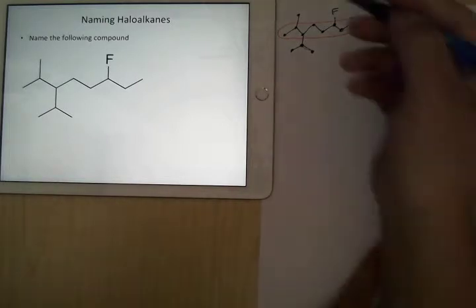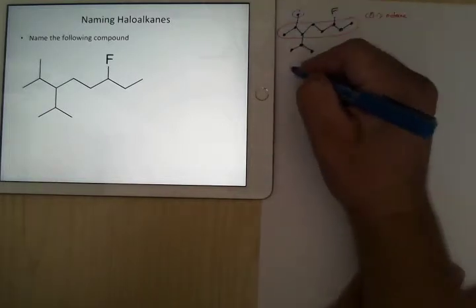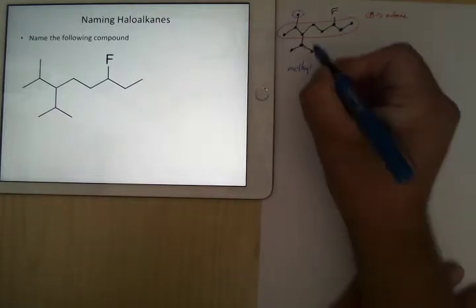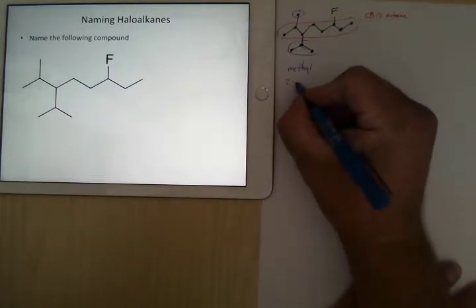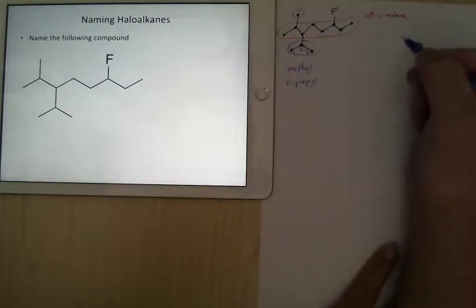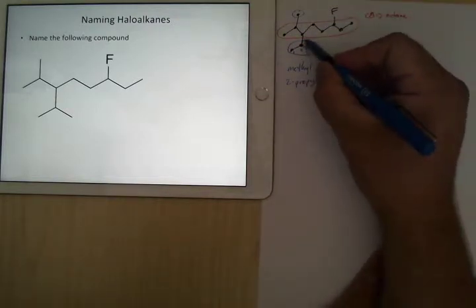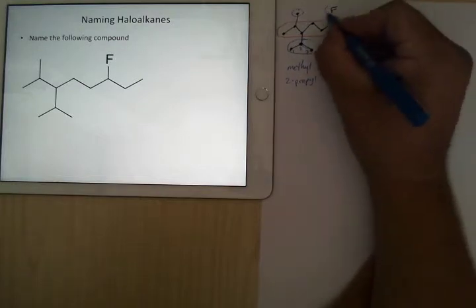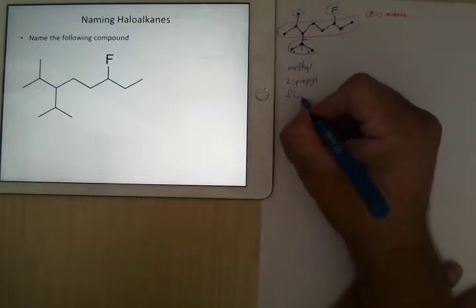Now the side chains are this methyl, this 2-propyl group. It's a propyl because it's 1, 2, 3, but it's connecting to the main chain through carbon 2, and then the fluorine here becomes fluoro.